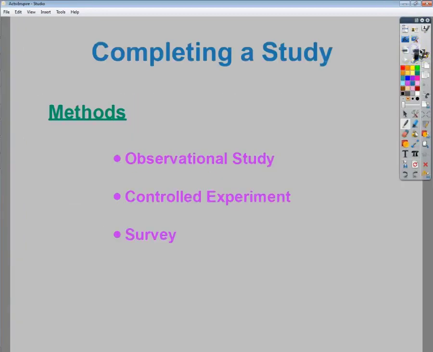And the last section that I want to talk about is the idea of completing a study. What types of studies are there? And the three I'm going to talk about are observational studies, controlled experiments, and surveys.